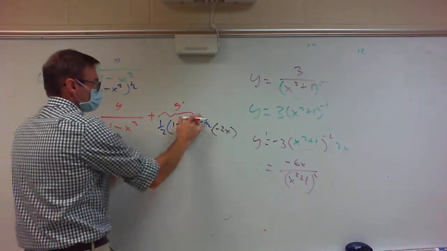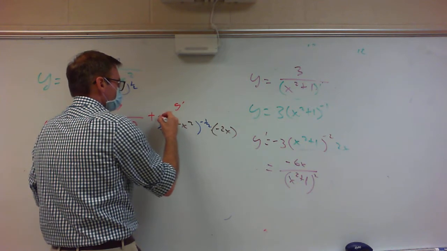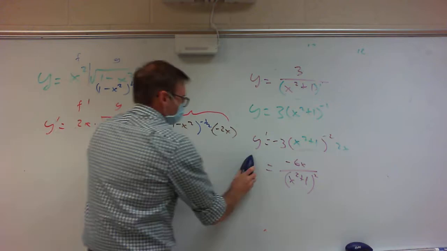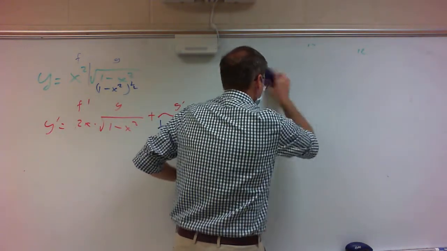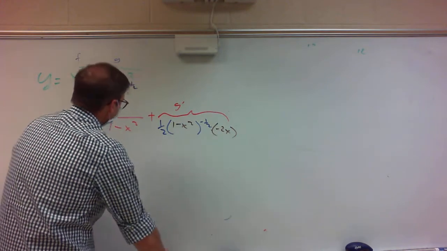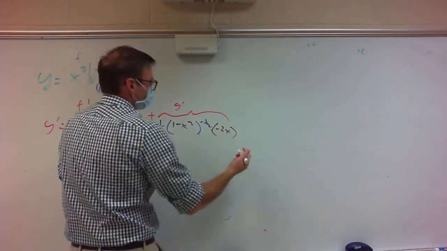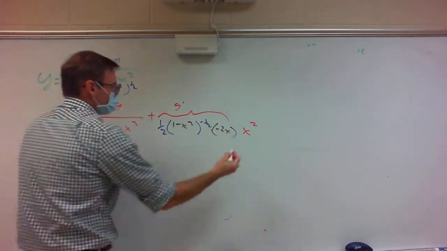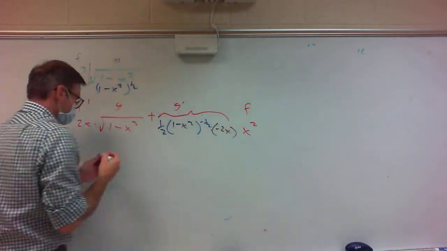I did not judge this properly. This whole thing is g prime, which means I'm missing my f, which is this x squared. And here's the f.